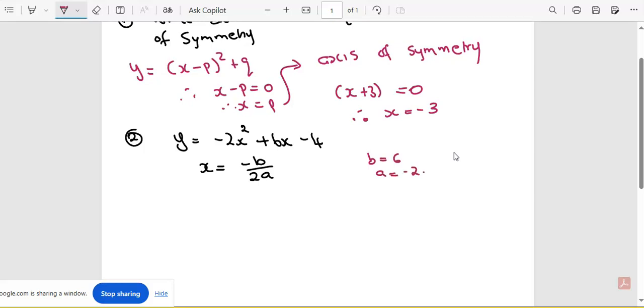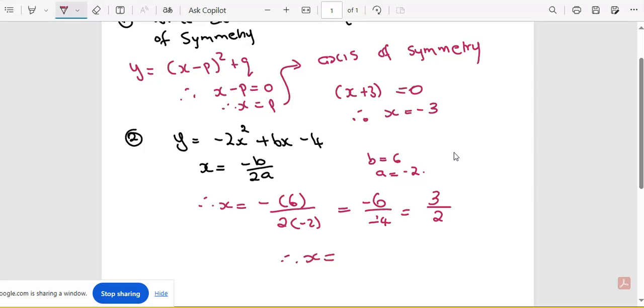So I'm going to sub in and say, therefore, x is equal to negative, where there's b we put 6, all over 2 times a, which is negative 2, so minus 6 over negative 4. Then this will give us 6 over 4. We know that 2 goes into 4 2 times, 2 goes into 6 3 times. So therefore, the axis of symmetry, x will be equal to 3 over 2.